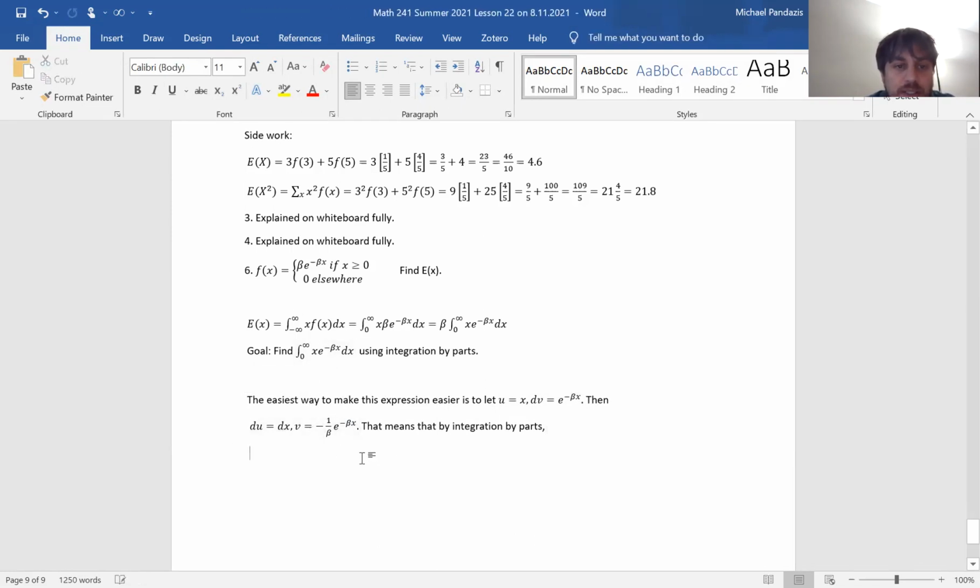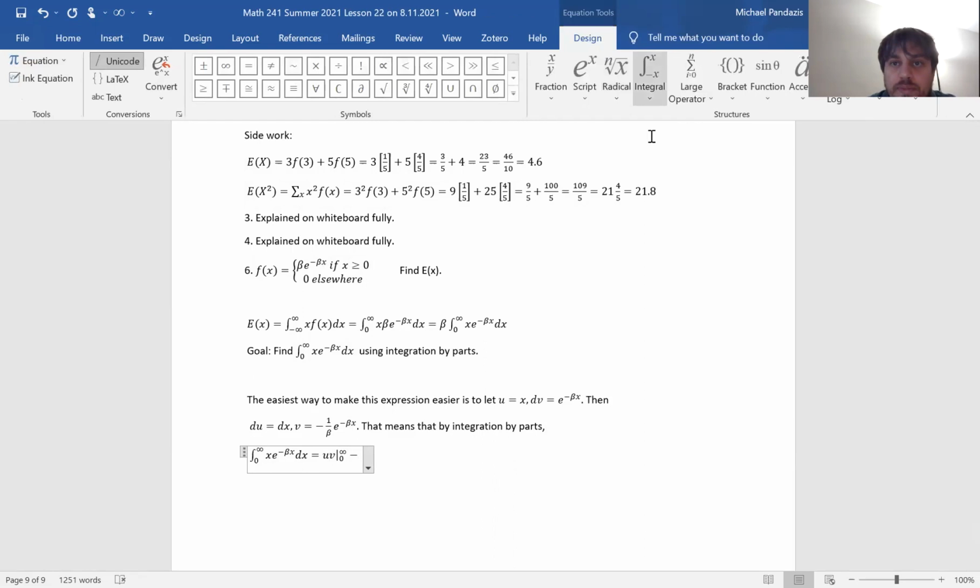this thing is equal to uv evaluated from 0 to infinity minus the integral from 0 to infinity of v du.